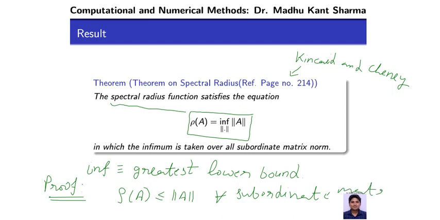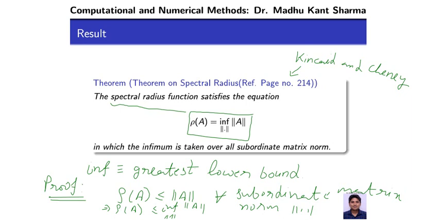That we have shown in the very first lecture on norms of matrices. Therefore the spectral radius of A is certainly less than or equal to the infimum over all subordinate matrix norms of norm A. So this way is very much true, and this is obtained easily.